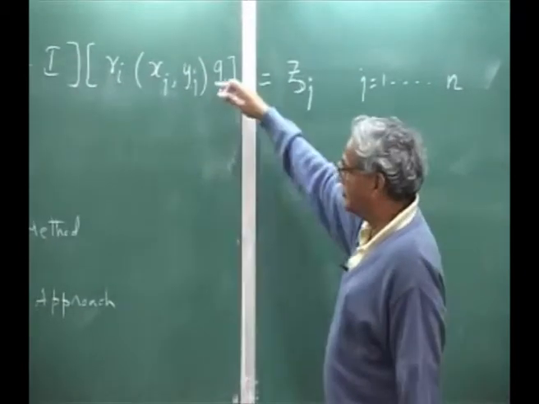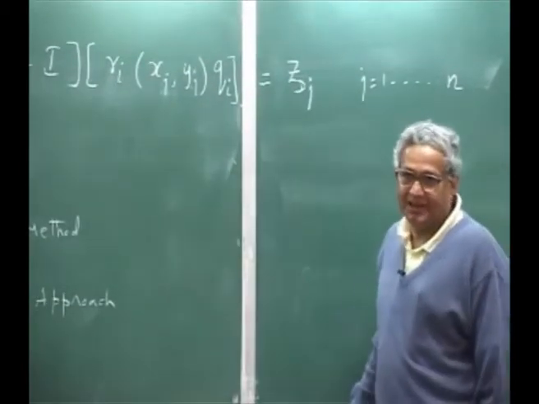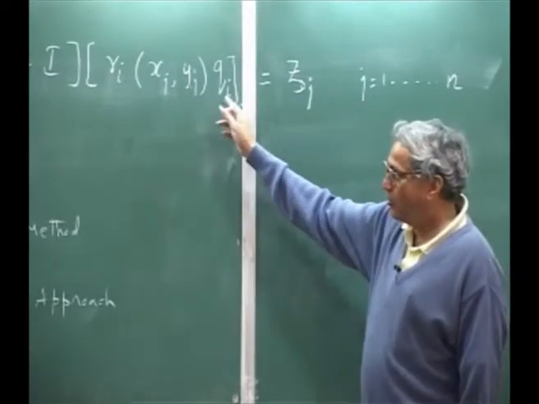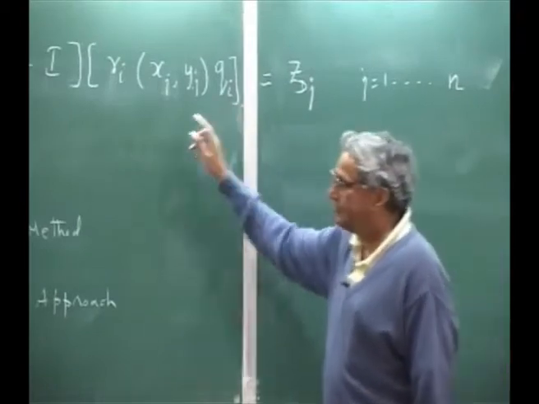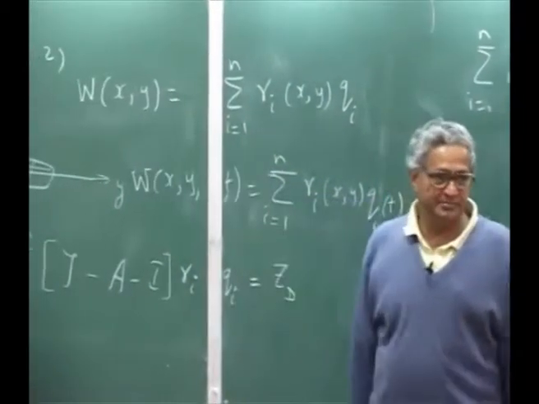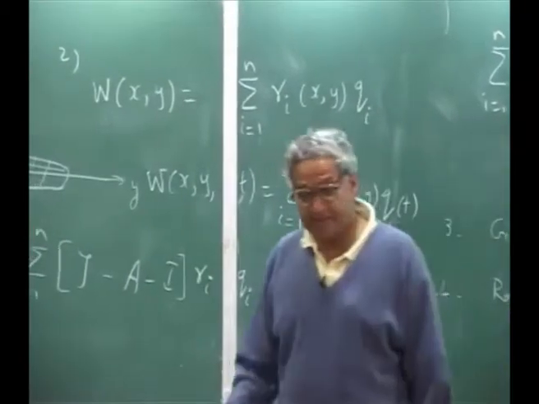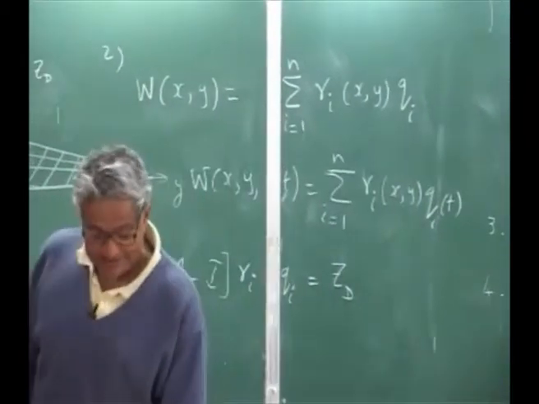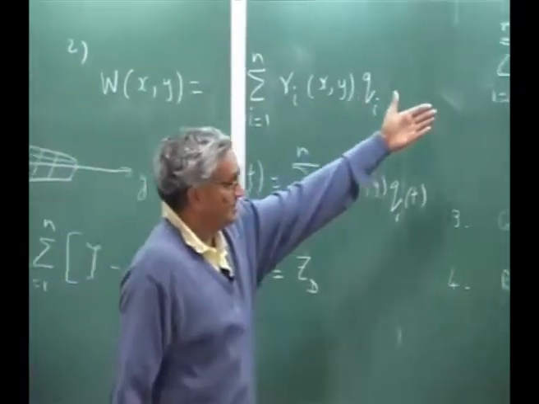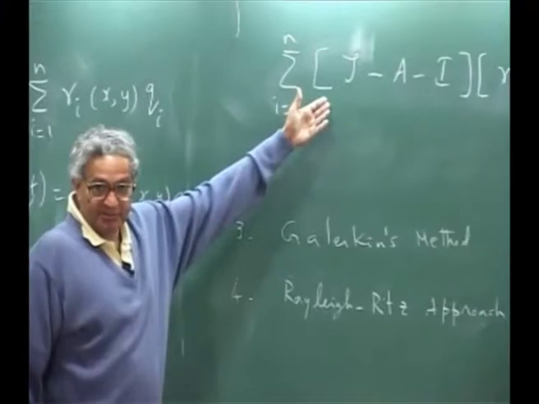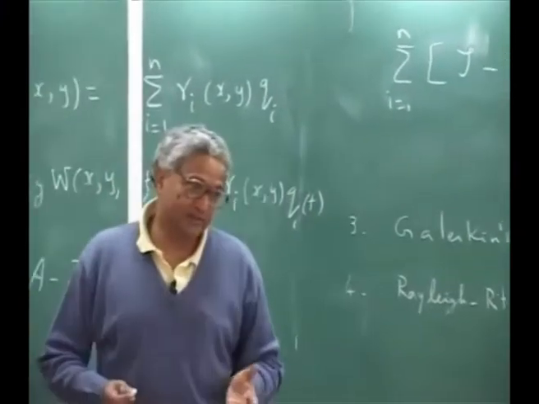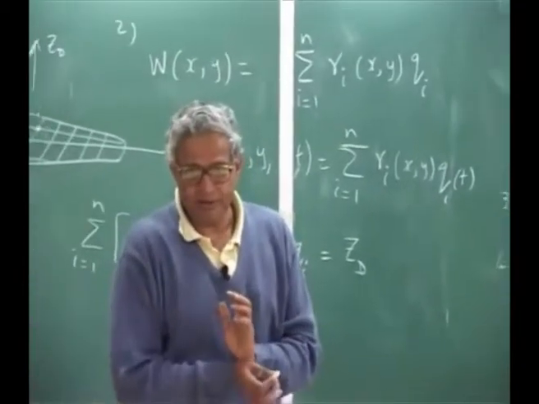Now you form n equations and solve for this q i. Once you get the q i, you can substitute back here and get your W. If it is a static problem, you will get algebraic equations, a static aeroelastic problem. If you have a dynamic problem, this will become an ordinary differential equation.